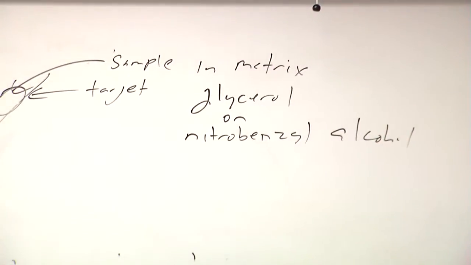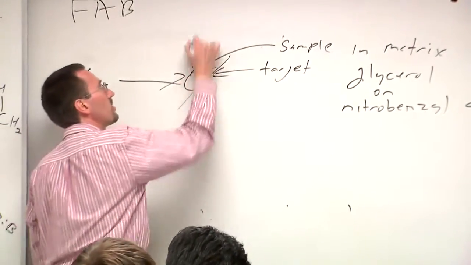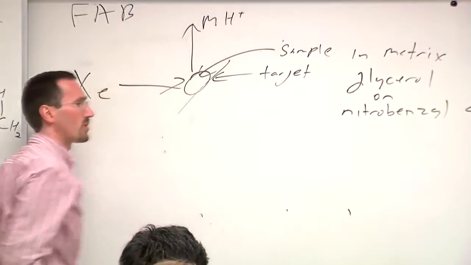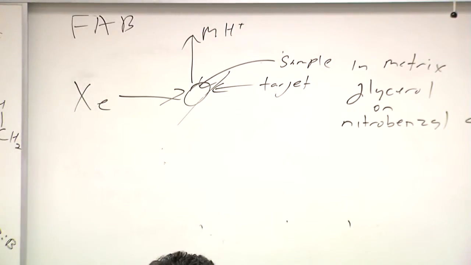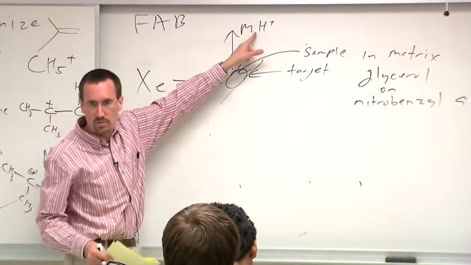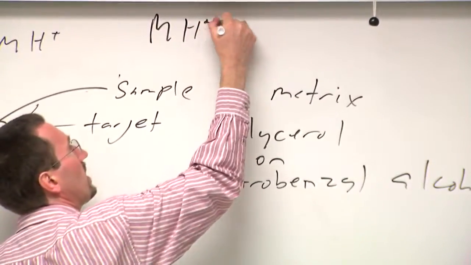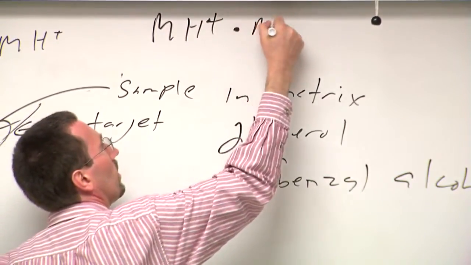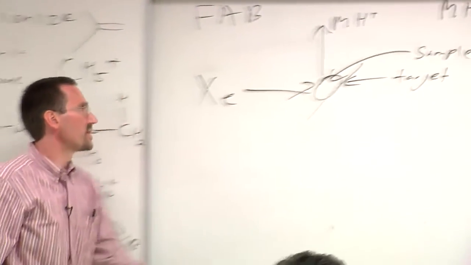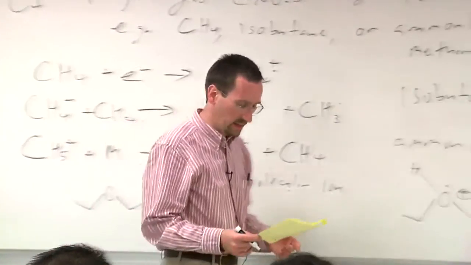And what happens is when the atom fires into the molecule in the matrix, you sputter off molecules, some of which are protonated, so you basically have the molecule get protonated, and you'll see MH plus or MH plus matrix. In other words, sometimes you'll see a molecule of glycerin or nitrobenzyl alcohol complexed with your molecule.